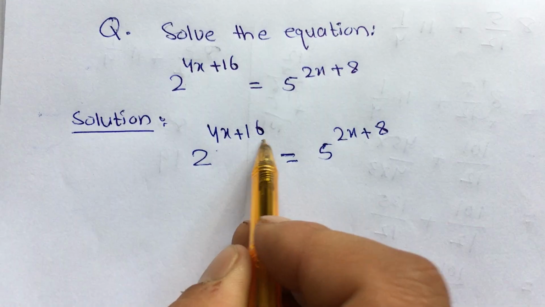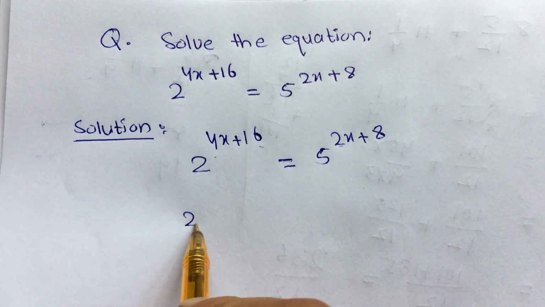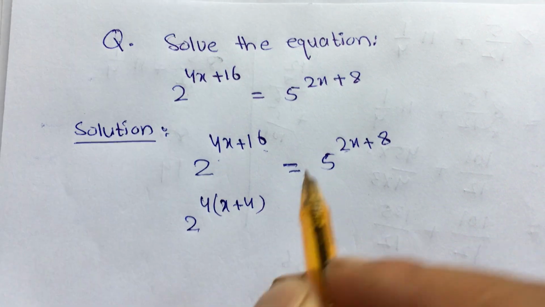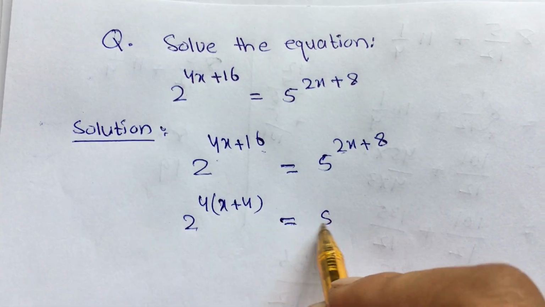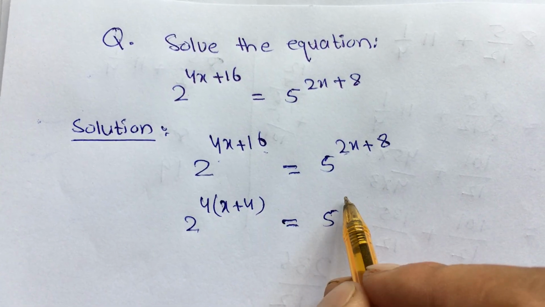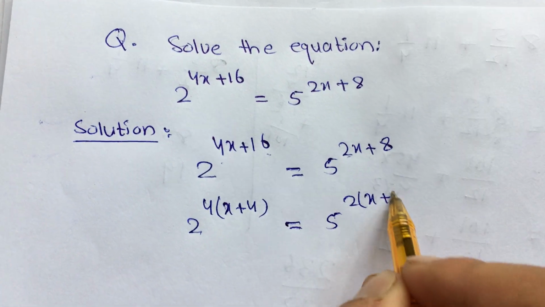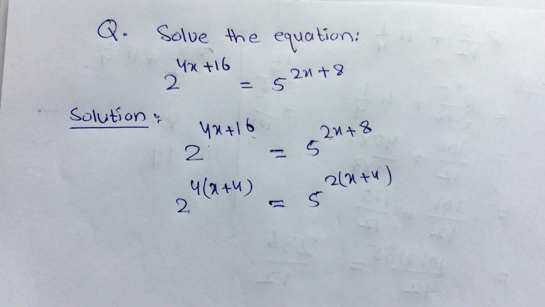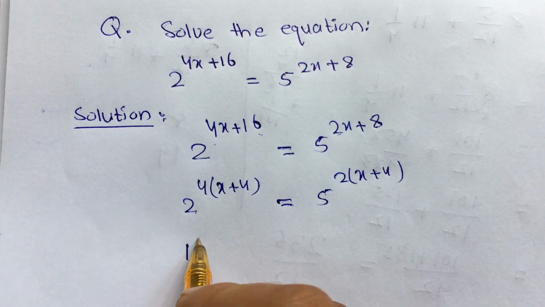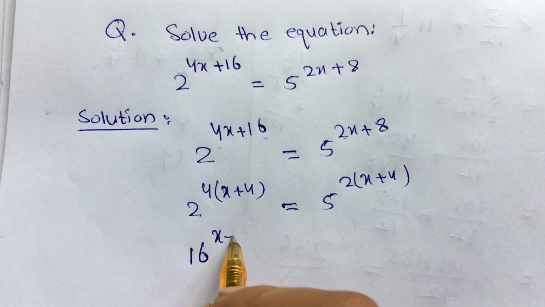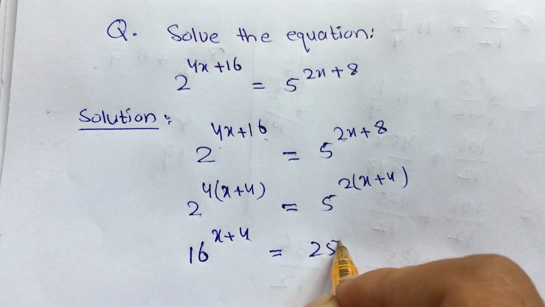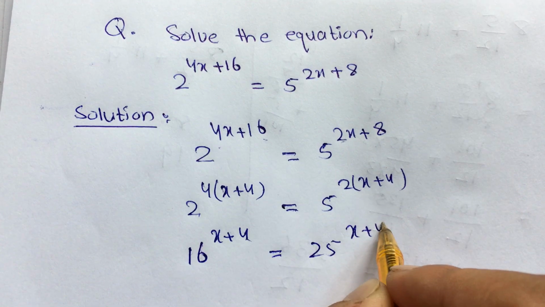Here 4 is common and here 2 is common, so I can write it as 4x plus 4, and this becomes 2x plus 4. Now I can also write it as 16 power x plus 4 and 25 power x plus 4.